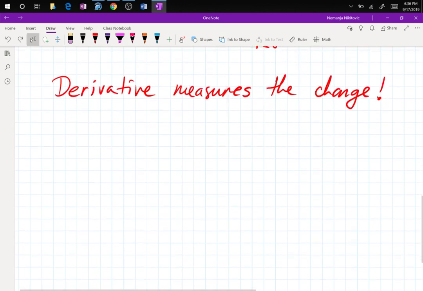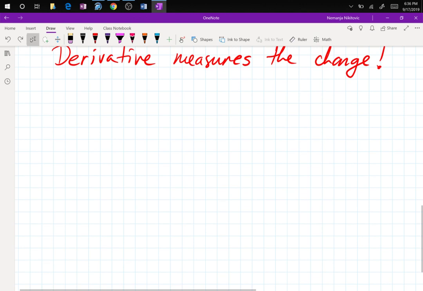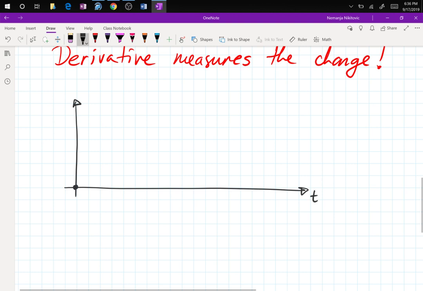We're going to take a look at driving, let's say. Velocity with the distance covered.